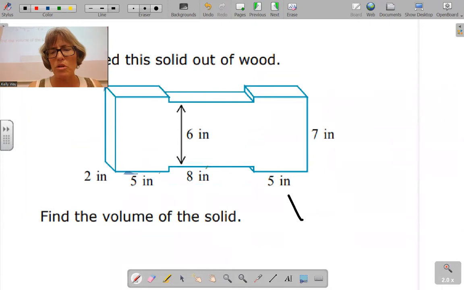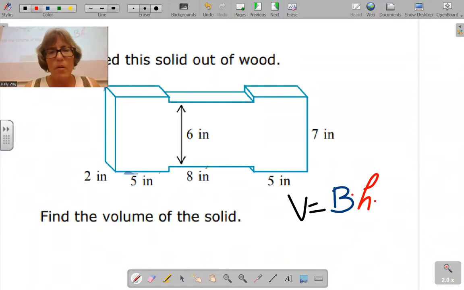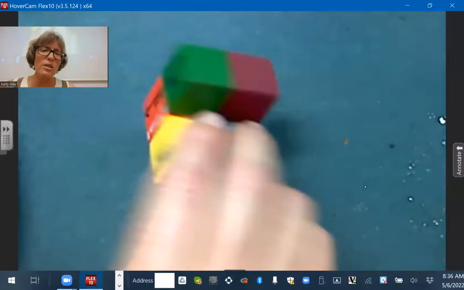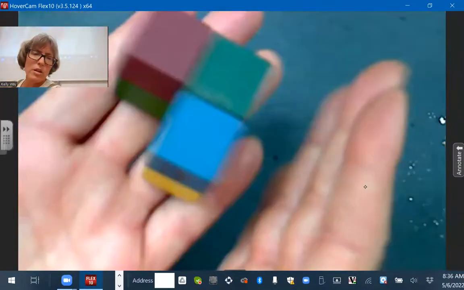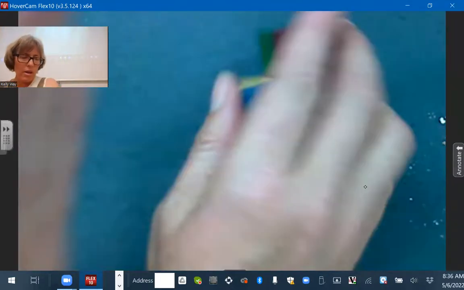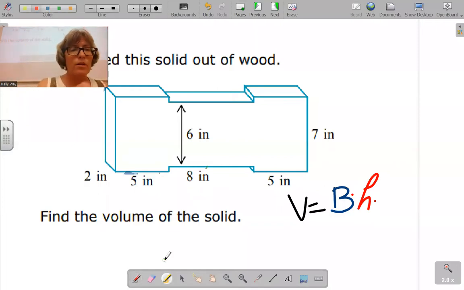So volume equals base times height. My base, again, like this L shape, is a composite solid. You look for 2 sides that are congruent, parallel, and nothing but rectangles connecting them. And that would be, in this case, the 2 I's.